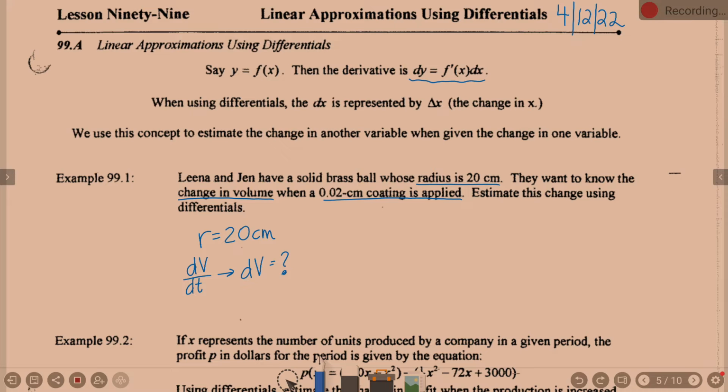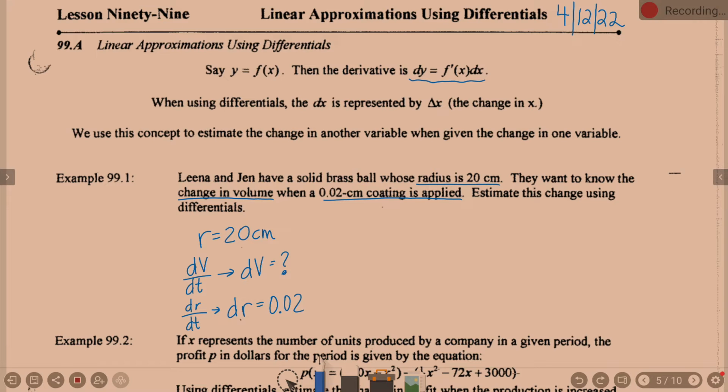If you are putting a 200 thick centimeter coating on this solid brass ball, so it's adding 200 centimeters all around the outside of this ball, does it make sense as changing your radius? Yeah. So again, in the past we might have said dr/dt, but for the purposes of today, I'm going to say dr. And so that is the change in the radius. Okay. Estimate this change using differentials.